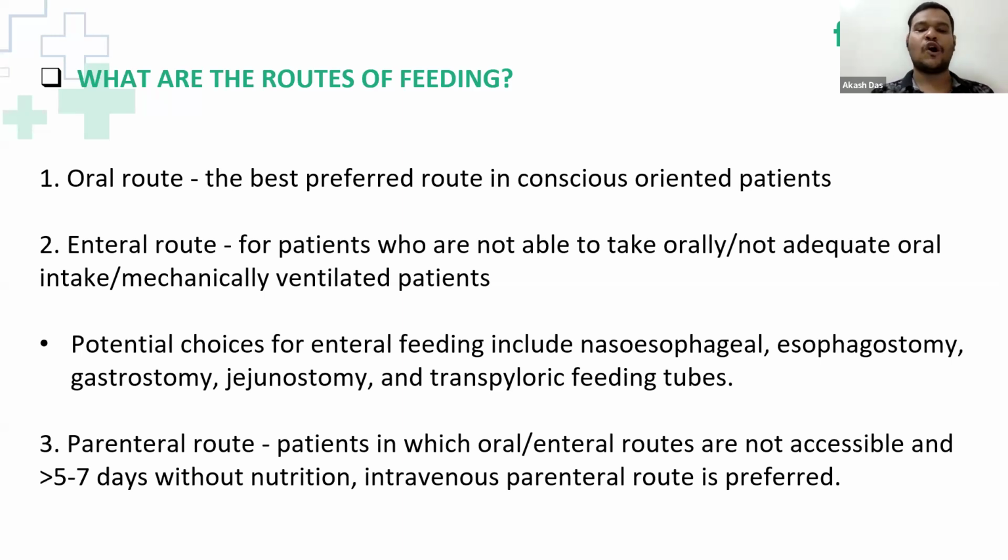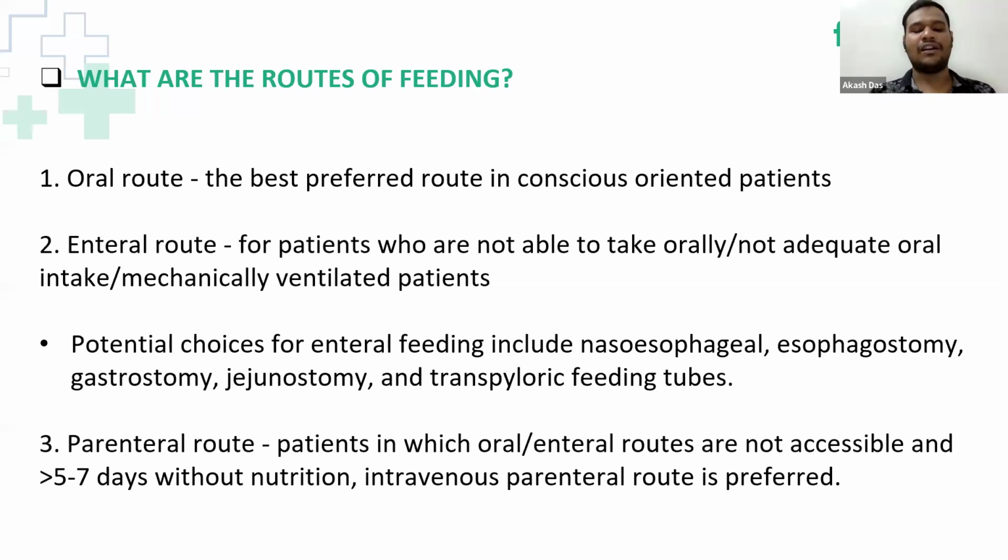For patients who are not able to take orally, or if they are taking orally but it is inadequate, or if the patients are mechanically ventilated, the enteral route is used. Enteral routes include nasogastric or orogastric tubes, gastrostomy, jejunostomy tubes, or transpyloric feeding tubes. These are the routes by which enteral feeding can be provided.